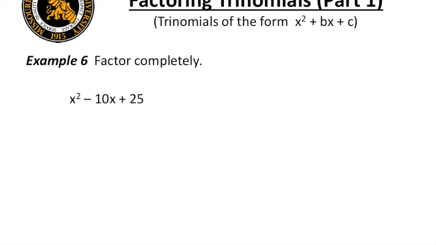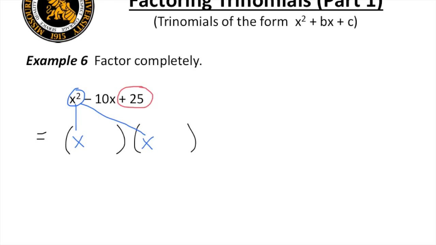Example 6 has us factoring x squared minus 10x plus 25. Setting up our product of two binomials with an x in front of each, we now look at the third term in the trinomial at positive 25 and think about what factors of positive 25 need to be placed in the back of each binomial.